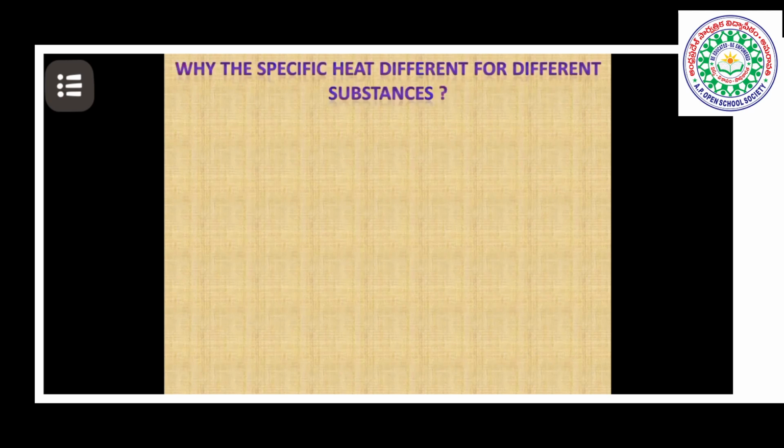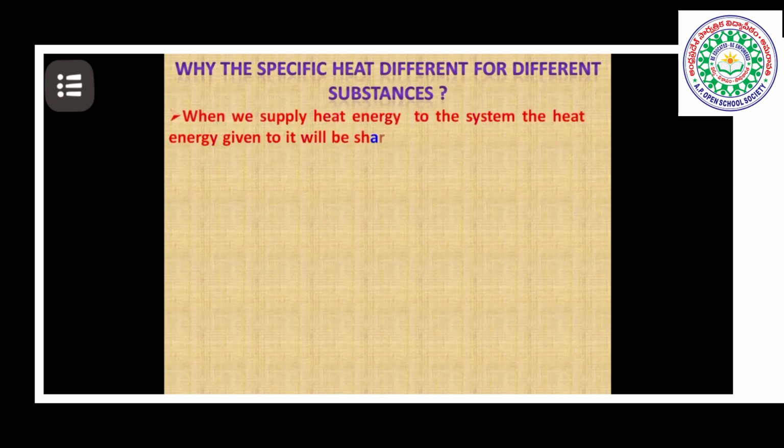Why is the specific heat different for different substances? This is very important. Why does oil have a lesser specific heat than water? Because when we supply heat energy to the system, the heat energy is shared by the molecules among the various forms of energy.